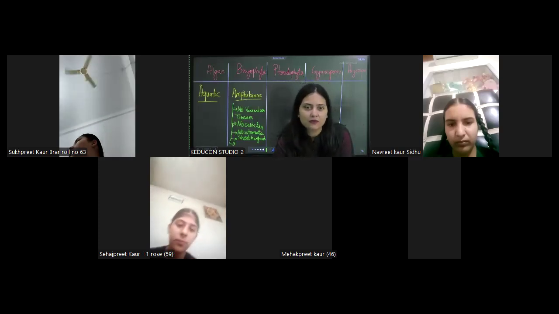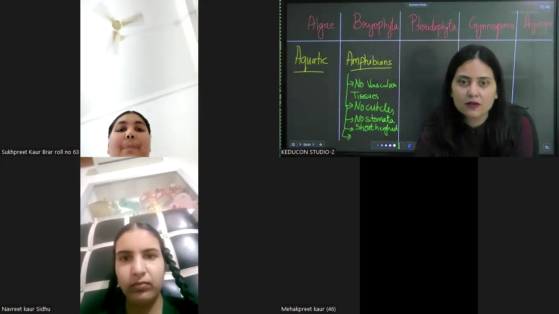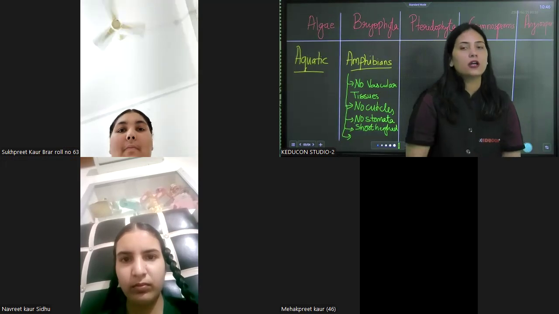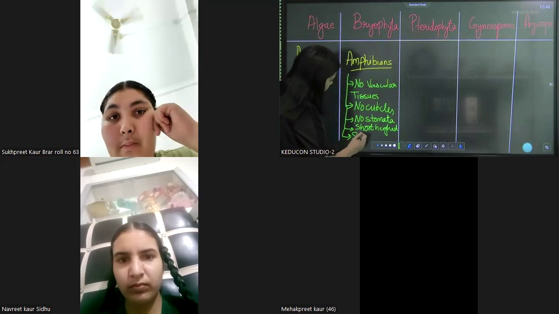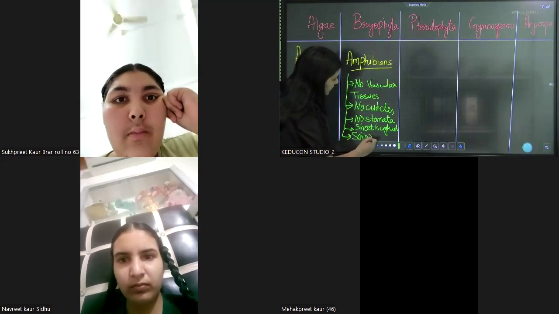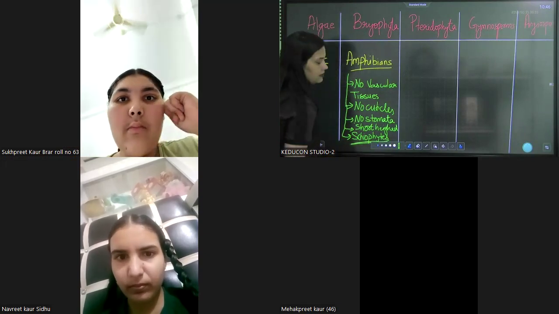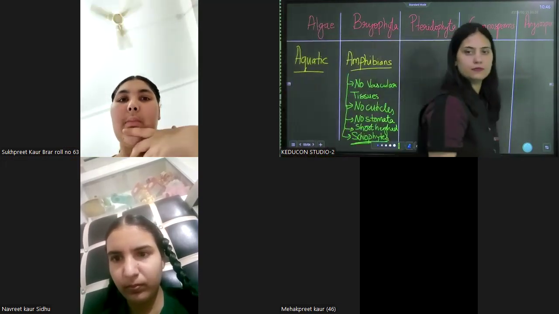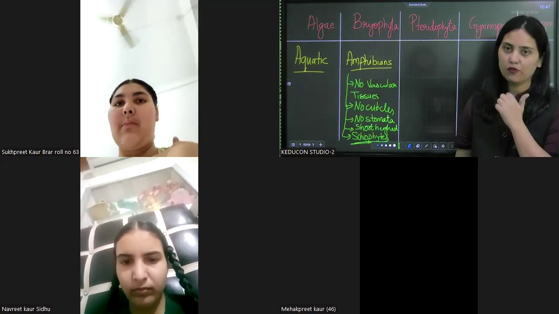Okay, so I'll tell you. Sciophytes. That is called sciophytes. Sciophytes क्या होते हैं? Those that live in shady areas. Okay, note down this. They are sciophytes.